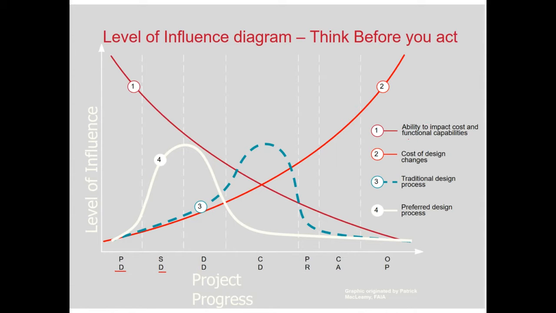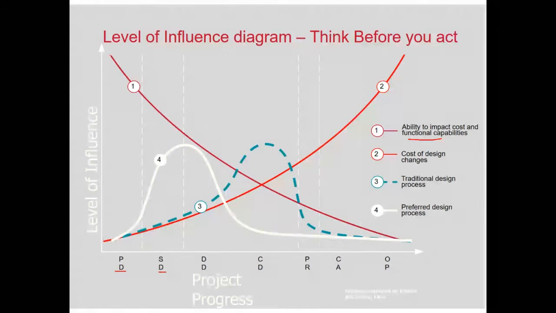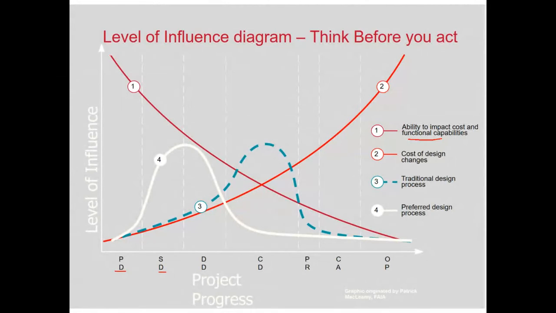Line one indicates the ability to impact cost and functional capabilities, which is maximum at the preliminary stage when the design documents are live. So you can change your floor plans without any impact on the project cost. That's where a lot of thinking, analysis, and simulations should be taking place.